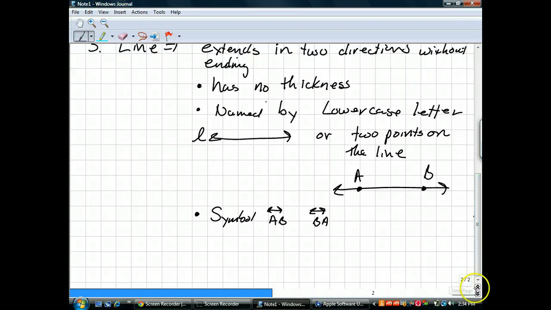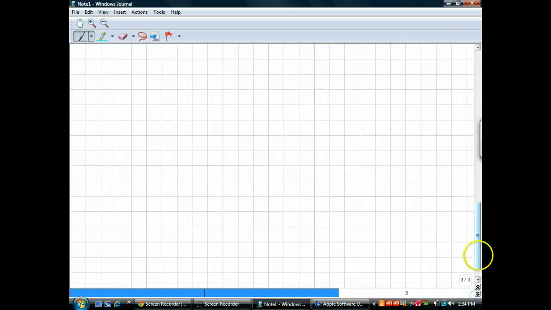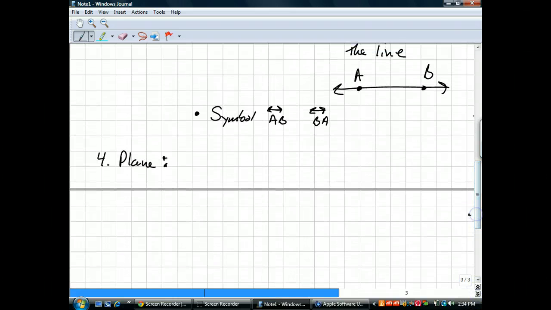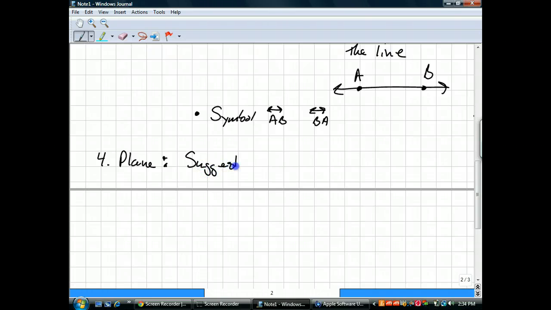And the fourth term is plane. The idea of a plane is that it's a flat surface that goes on and on forever. So we say it's suggested by a floor.